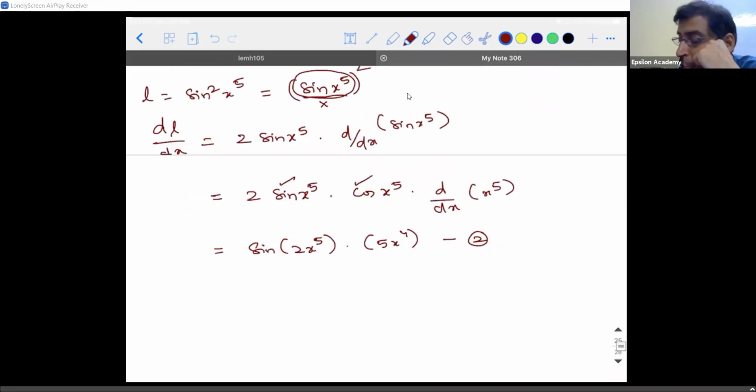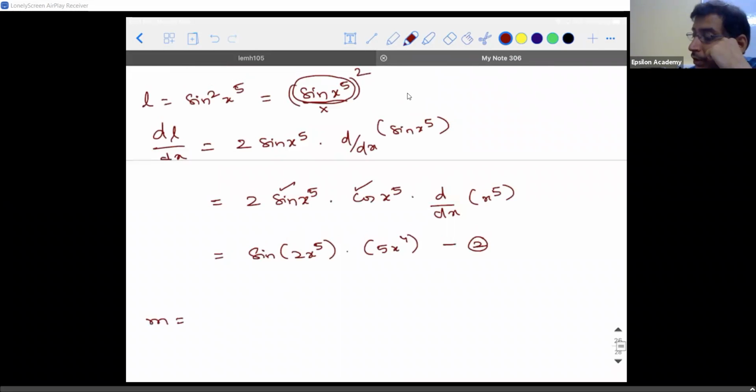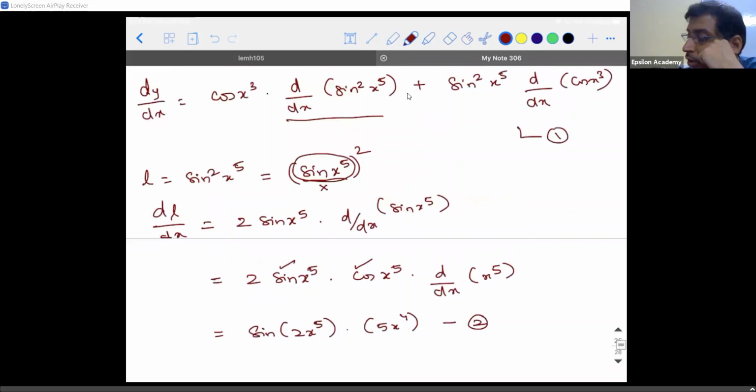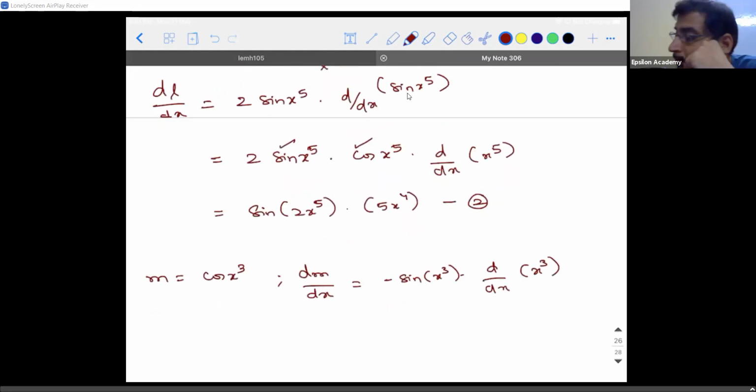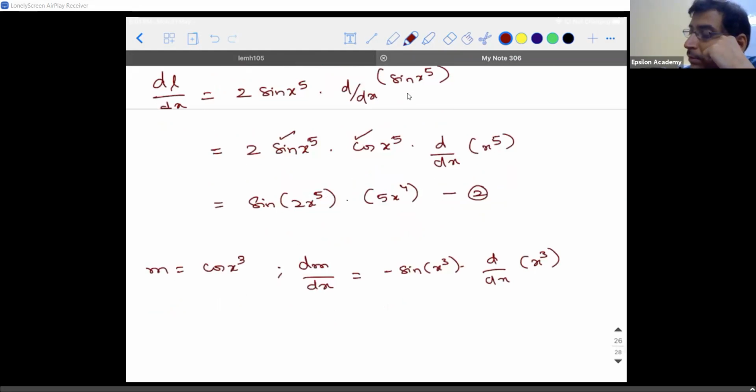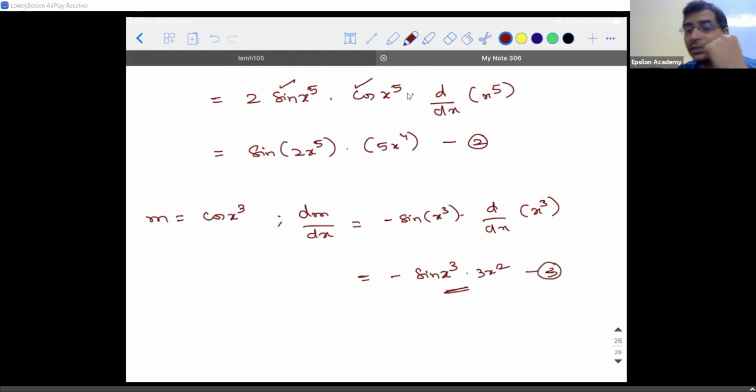Similarly, M is equal to cos of x cube. dm by dx is minus sine of x cube into d by dx of x power 3. Correct or not? Yes, sir. Minus sine x cube into 3x square. Let me call this 3. Take 3 and 2 and substitute them in 1, and please verify the final answer and let me know.